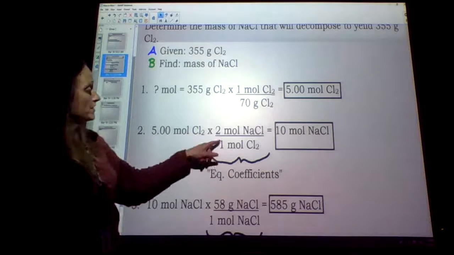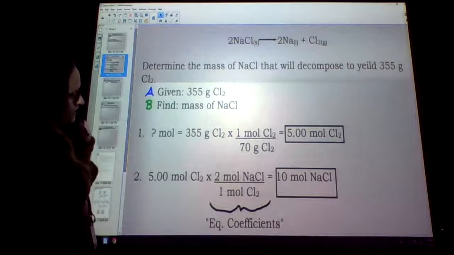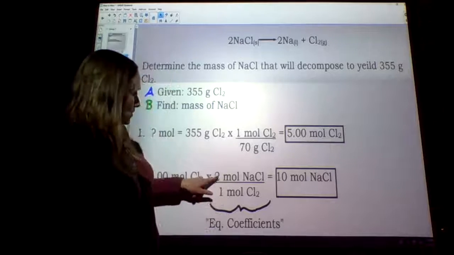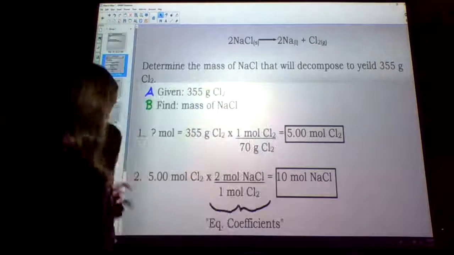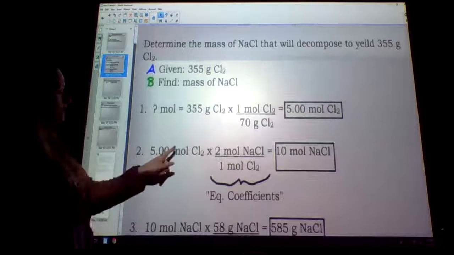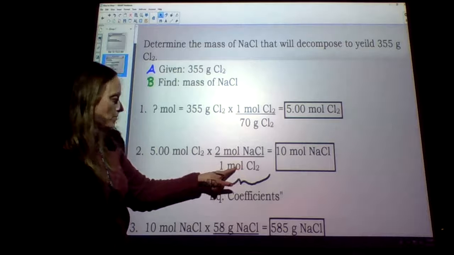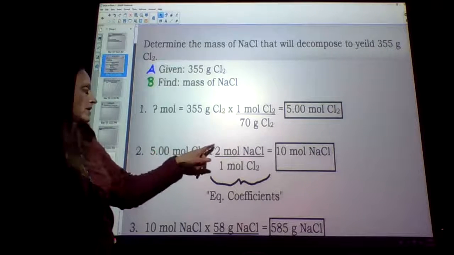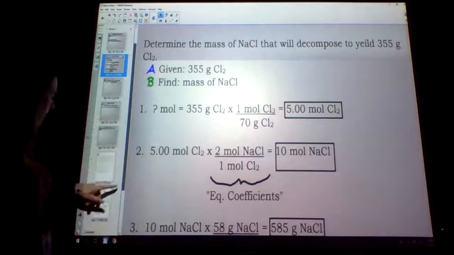So where did the 2 and the 1 come from? They came from right up here. So here's our 2 for our sodium chloride and the 1 for our diatomic chlorine. So again, if we wanted moles of Cl2 to cancel, that goes in the bottom, and moles of sodium chloride will go in the top. So 5 times 2 divided by 1, you get 10 moles of sodium chloride.